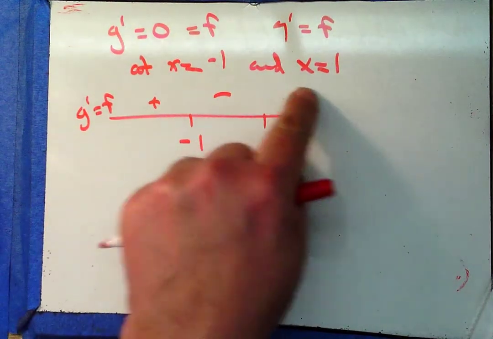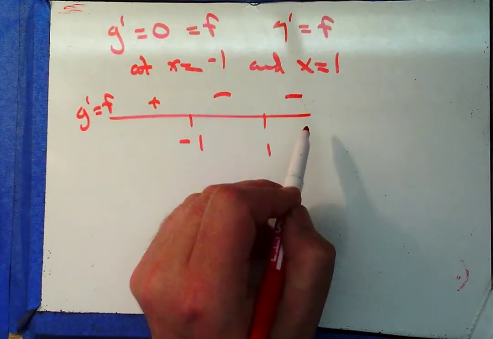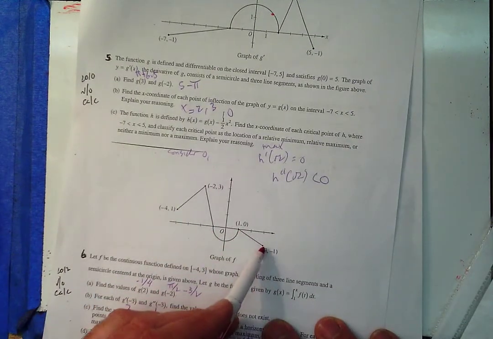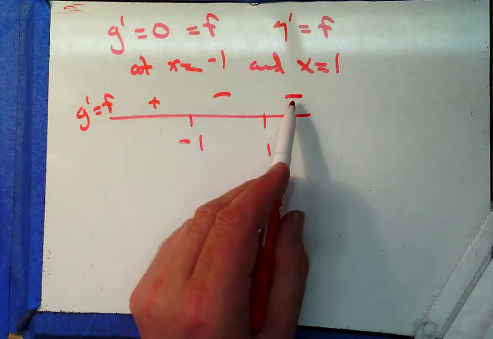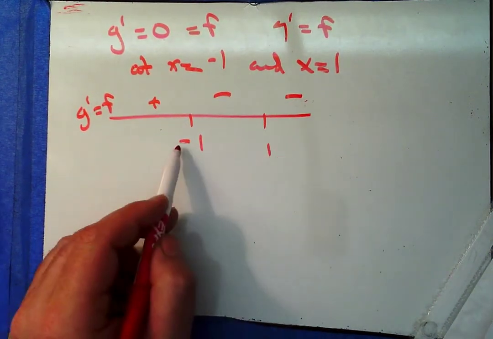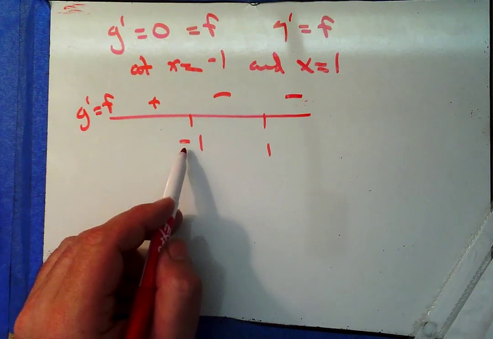Oh, I wish I would actually read the graph. Look, the graph stays below the x-axis. Why am I writing a plus here? This is minus to minus. So I have neither a min nor a max here at 1, but I have a max at -1.